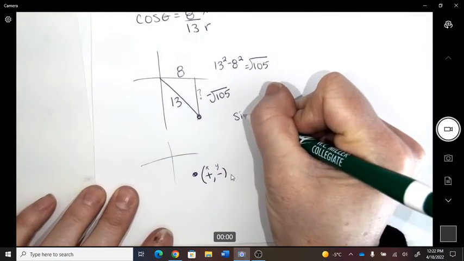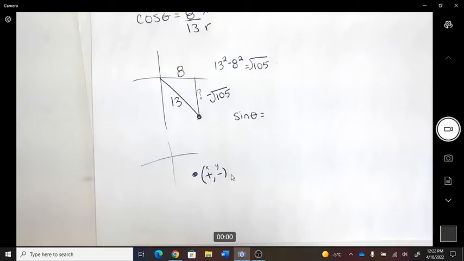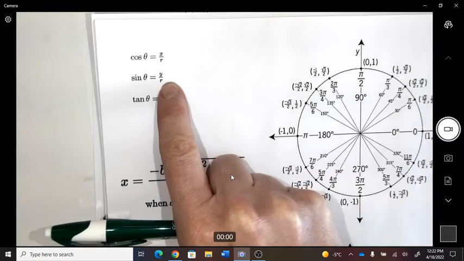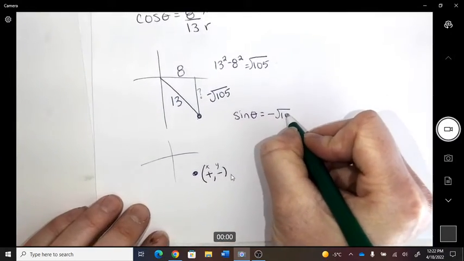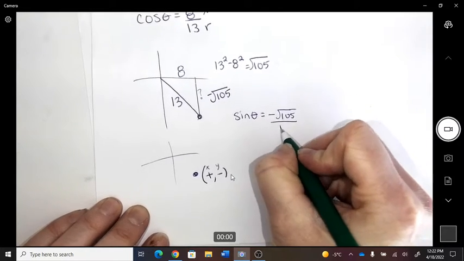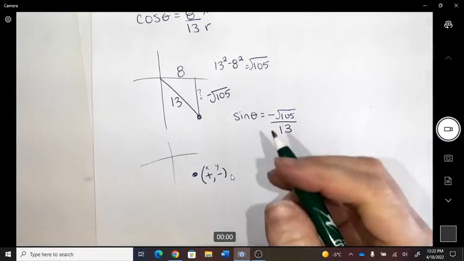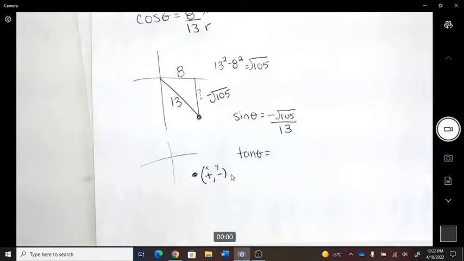Okay, so what is the sine ratio? I can look on my formula sheet on my test, and I have to write the y number over the r number. And then it said get me the tan ratio.